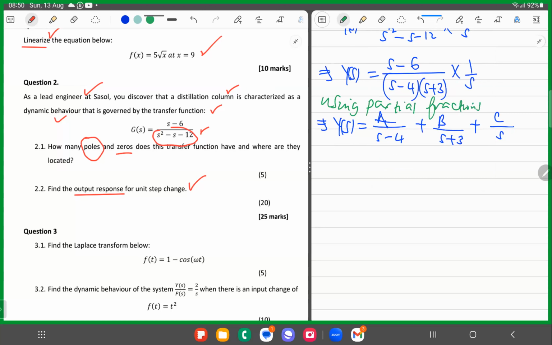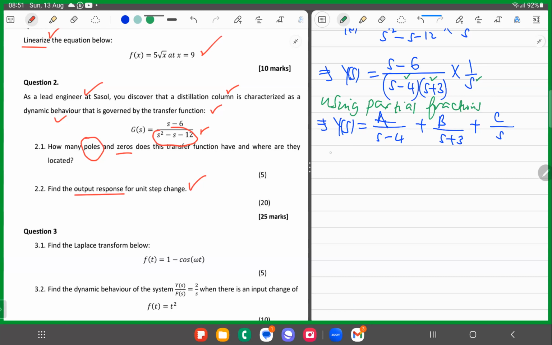In other words, we can split this into what we call partial fractions. So you'd have A over the first factor of the denominator, B over the second factor of the denominator, and C over s. Those are what we call partial fractions, and we shall be doing lots of them in this course. Let's just do it here.